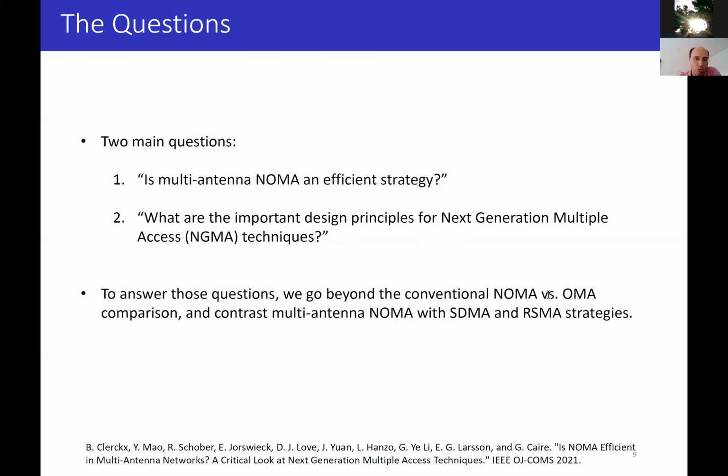And the most popular one would be SDMA as used in 4G and 5G. So it's very important that we really contrast multi-antenna NOMA with SDMA and other types of multiple access techniques or multi-user transmission strategies that could be developed to fully identify the benefits of multi-antenna NOMA.